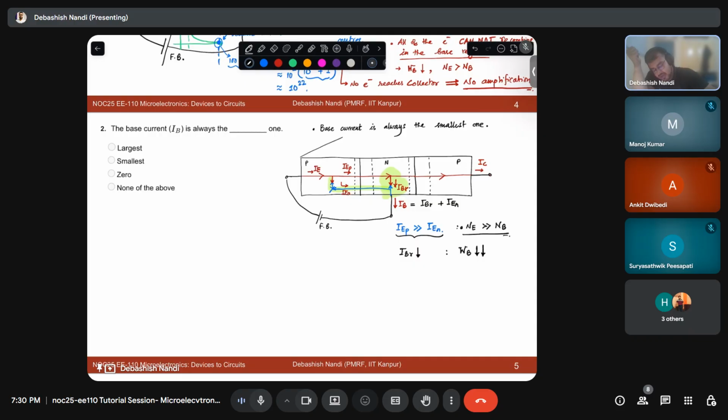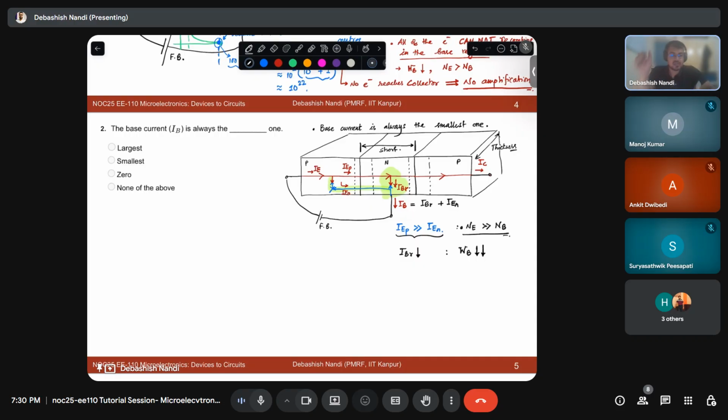Because your area will be the same. If you take the 3 dimensions, everything will be the same for emitter and base, and this is the width dimension, or let's say your thickness dimension. So this length we need to reduce: short base diodes.